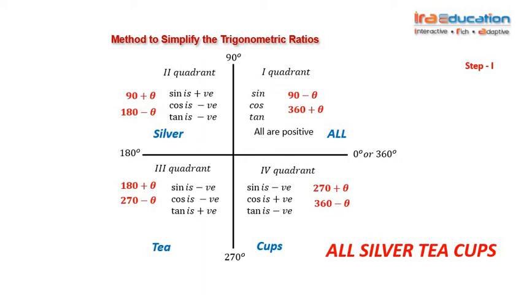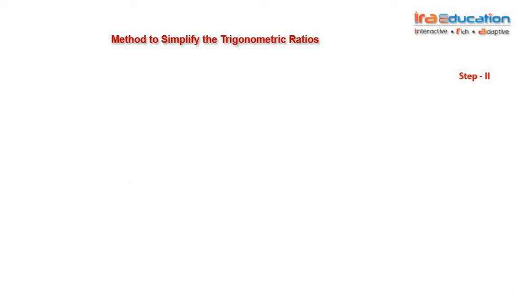Step 2. The problems will be categorized as even or odd function. So whenever we encounter a trigonometric ratio with angle 90 plus or minus theta or 270 plus or minus theta, we will identify it as odd function.